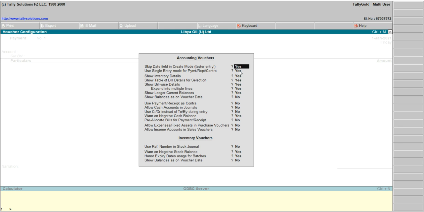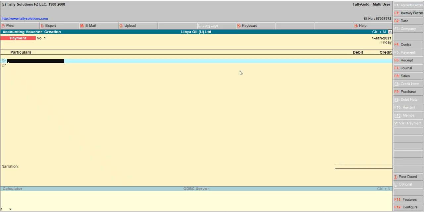You should use double entry. So this should be no. That should be no. Then you also have to use credit instead of debit, so this should be a yes.